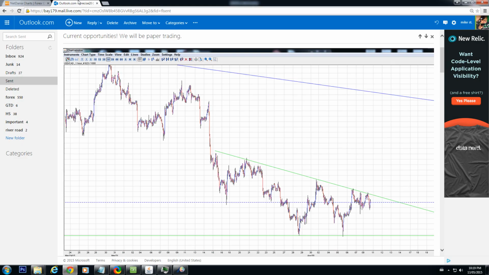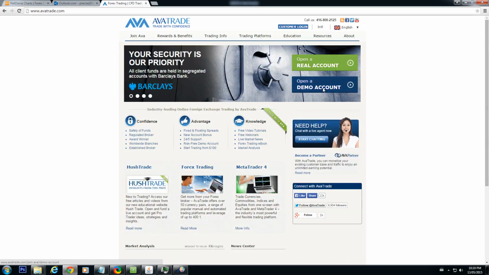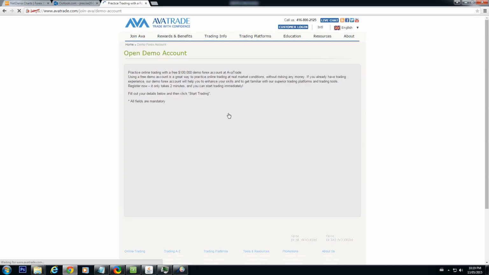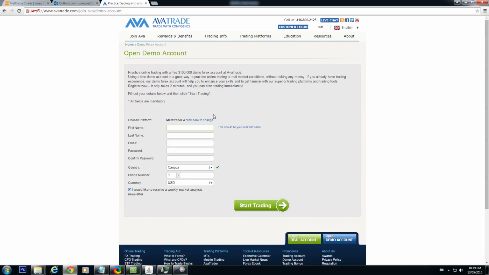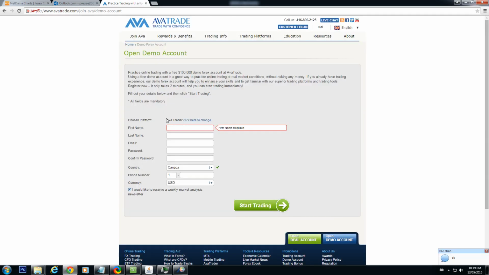Like if you go to avatrade.com, click open demo account. This right here, MetaTrader 4, is probably you didn't change that. So you need to click there, you need to highlight AvaTrader, click done, make sure it says AvaTrader, and then fill out the information and you should be fine.